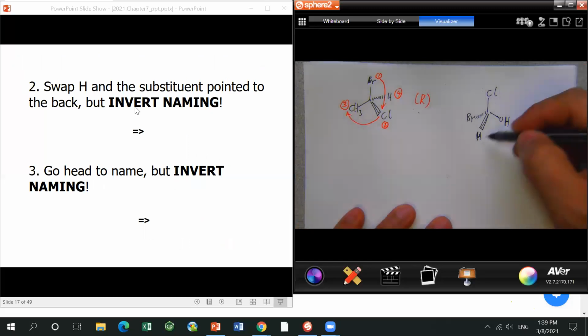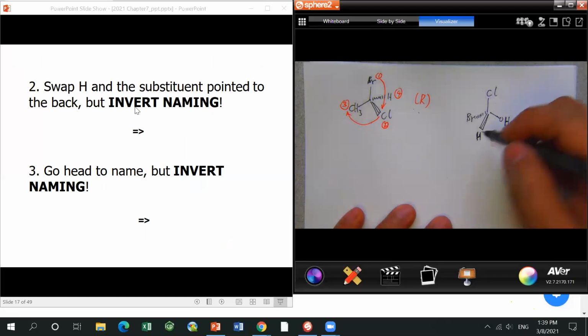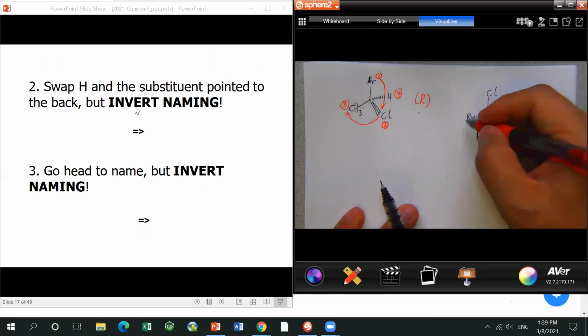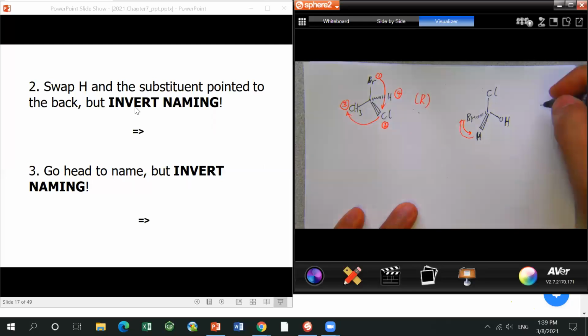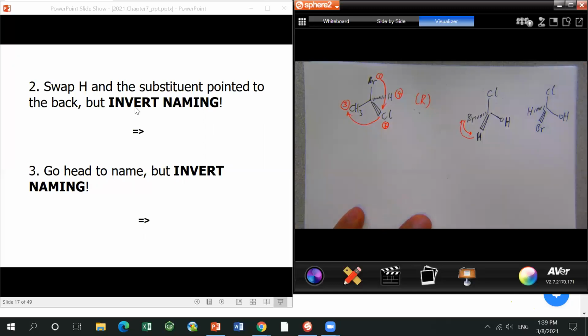For example, with this molecule we do the same thing. We swap the bromine and the hydrogen, so the hydrogen goes back, the bromine comes to the front, and OH goes here. Please keep in mind that if we swap once, that's actually generating its mirror image.